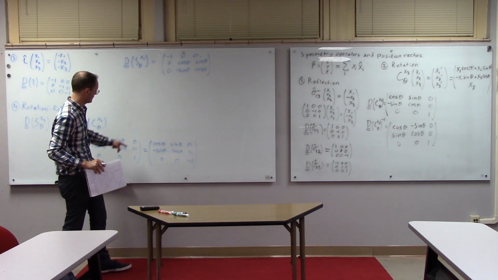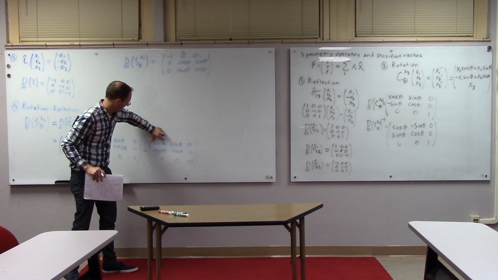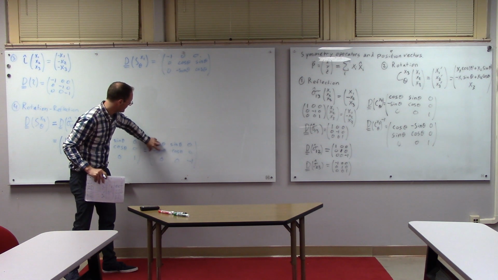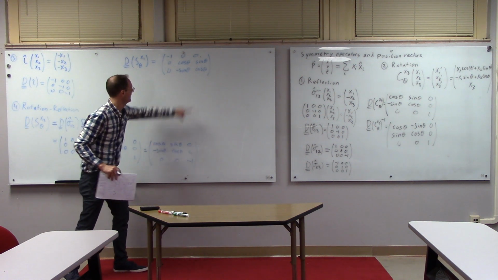So basically I've just moved everything, so each element of this matrix, I've moved it down one row and over one column. And then I end up with this matrix here.